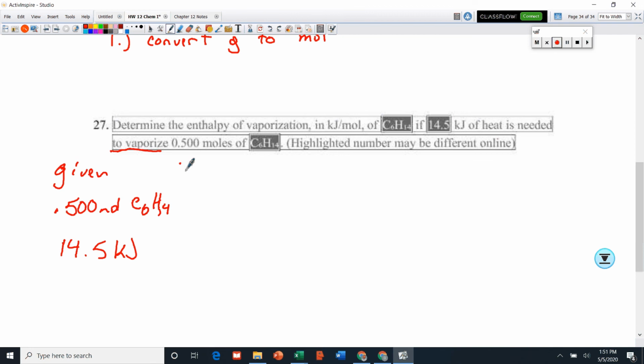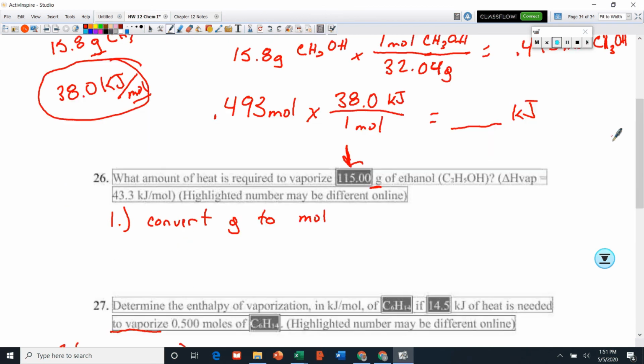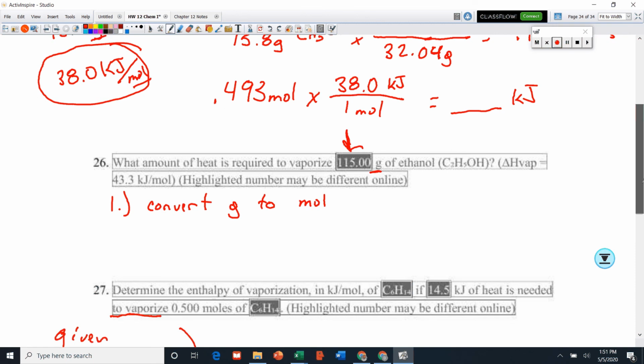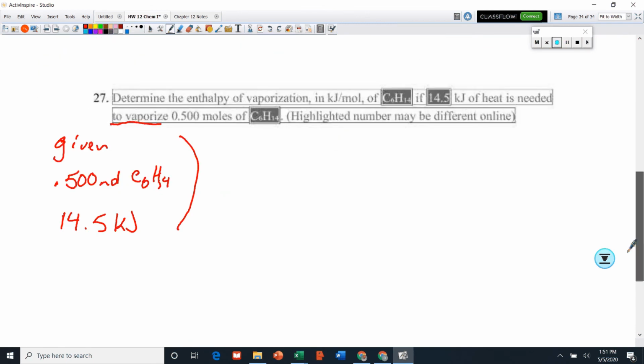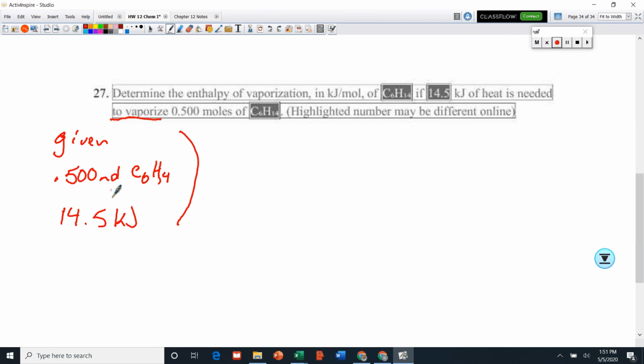All right. So going into that, let's look back at this original problem. So we were solving for kilojoules here, and we did this. We have moles and we have kilojoules.